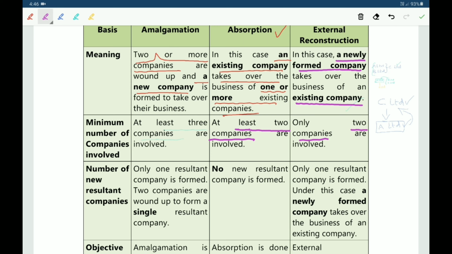Number of new resultant companies: in amalgamation, only a single company; in absorption, no new company because all are existing companies only; in external reconstruction, a newly formed company.